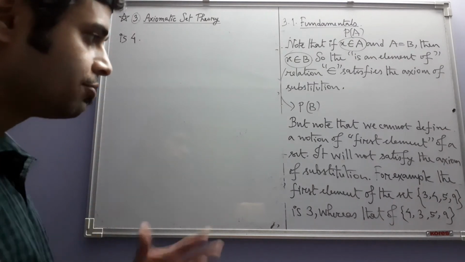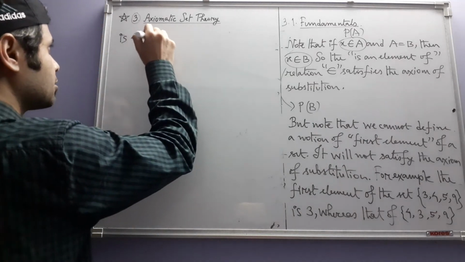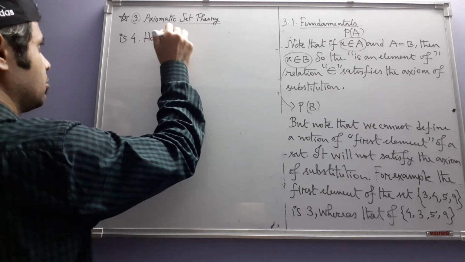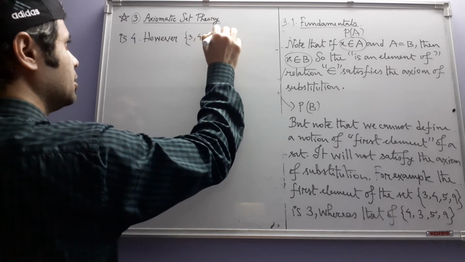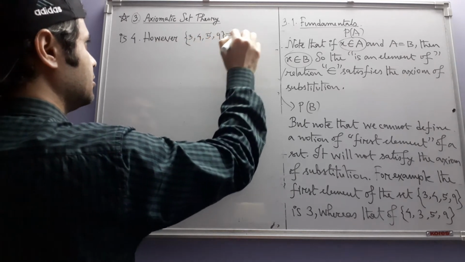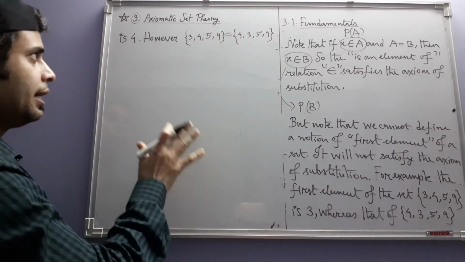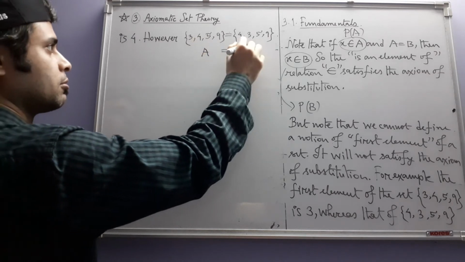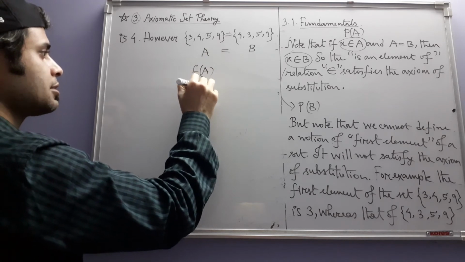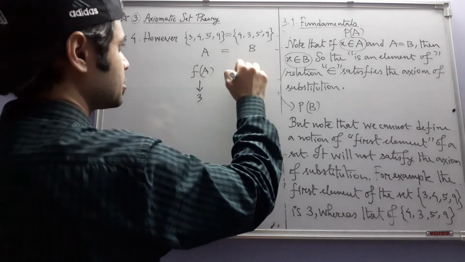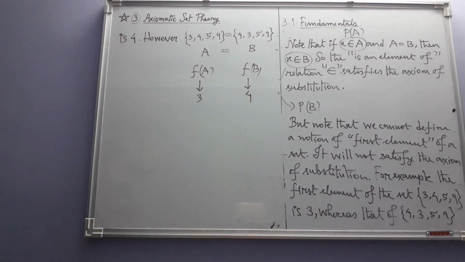So these are different first elements. However, the sets are equal, because according to my definition of equality, they are equal. So my A is equal to B. However, if FA denotes the first element, then in the first case it is 3, in the second case it is 4. So the axiom of substitution is not satisfied.